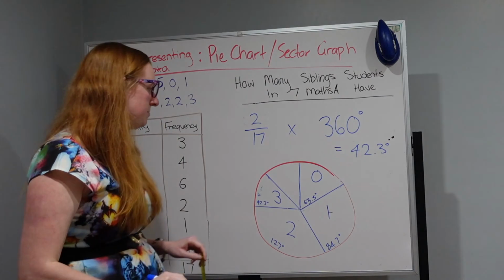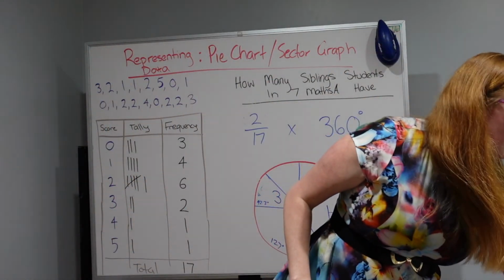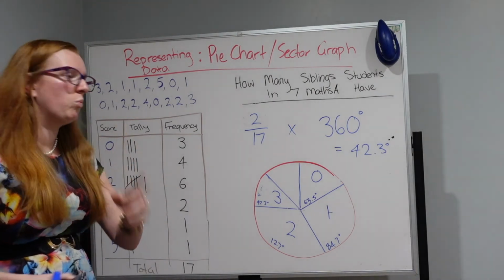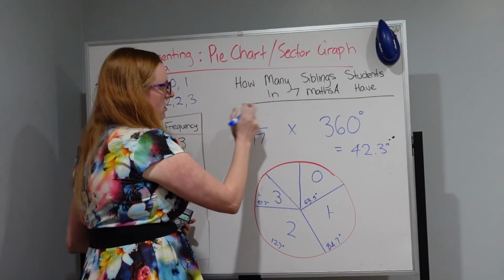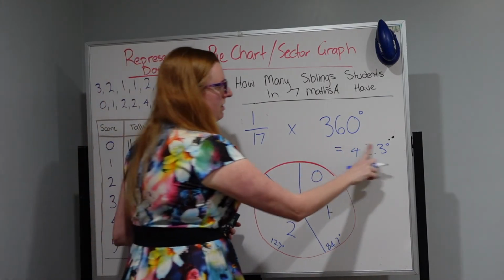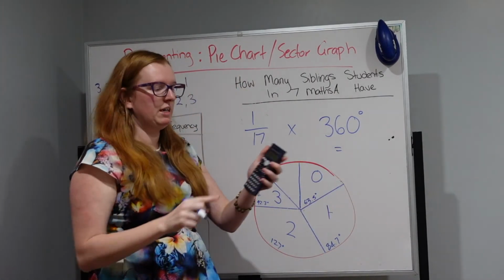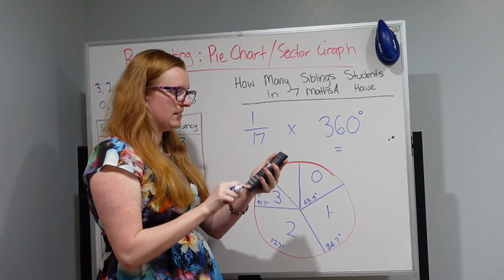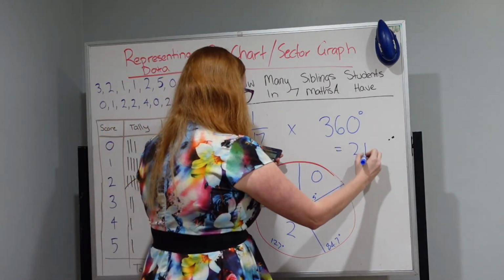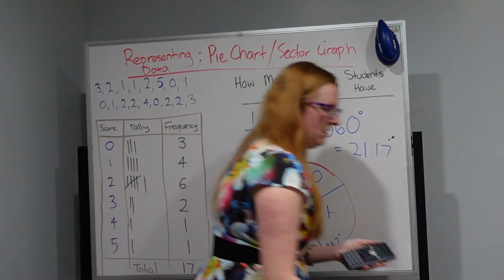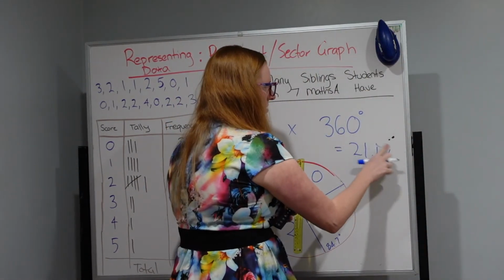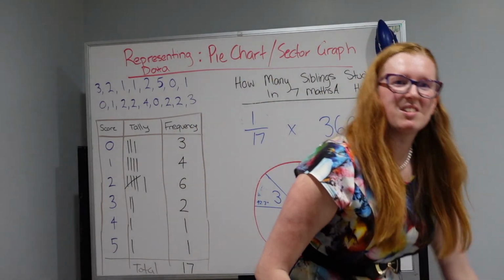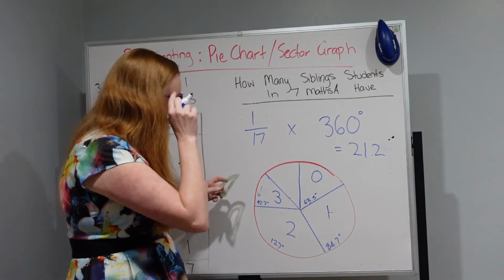Now, lastly, we have option 4 and option 5. They're both the same. They had 1 student. So I put a 1 out of 17. Put it in our calculator. 1 divided by 17 times 360. And it's 21.17. Oh, sorry, that'll round to 21.2. I could have just rounded to the nearest degree. I'm pretty much doing that anyway.